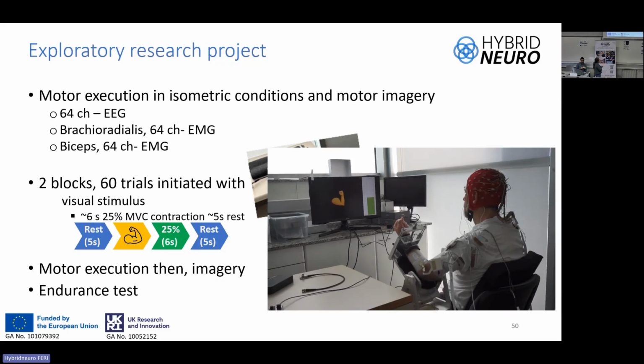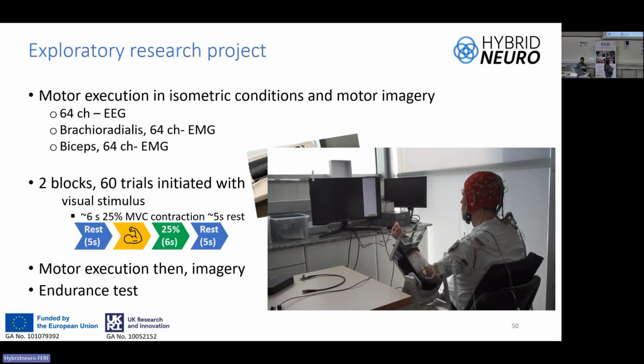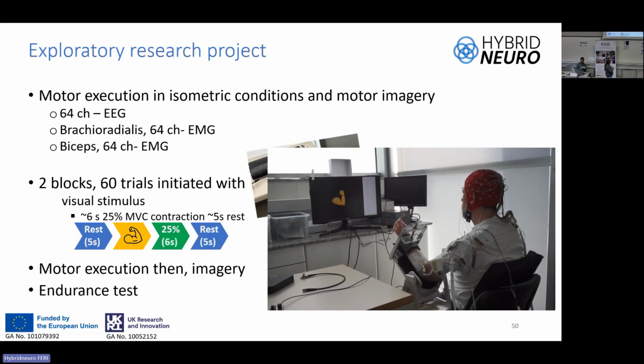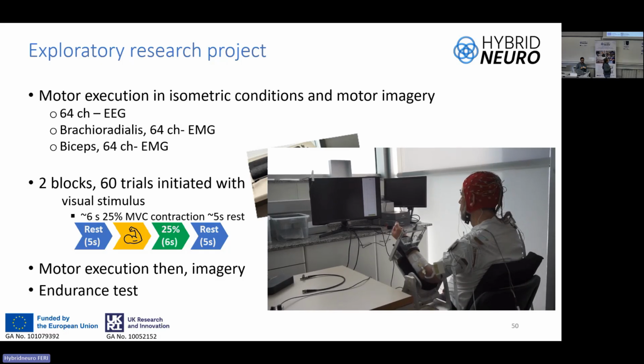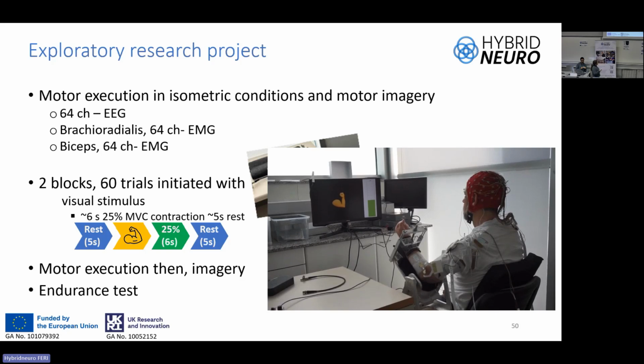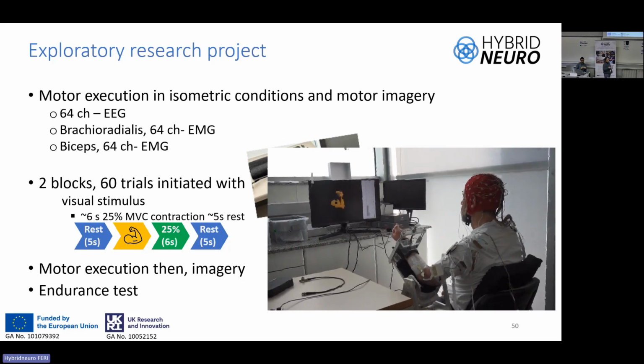The subject is presented with the stimulus on the screen, and then he has to perform an isometric force at 50% of maximum voluntary contraction. And since we are analyzing potentials, we do this for 16 trials divided in 2 blocks.